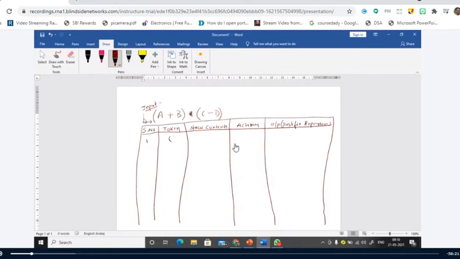According to the algorithm, if it is an open parenthesis, you push it onto the stack. If it is an operand, you print it as the output. If it is an open parenthesis, you just push it onto the stack, irrespective of what contents are present on the stack.